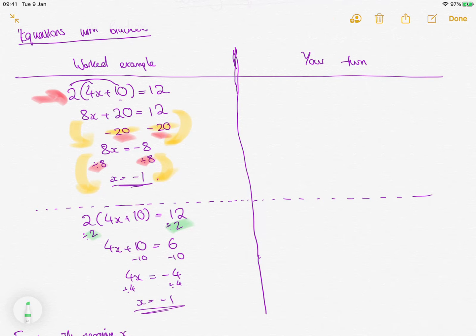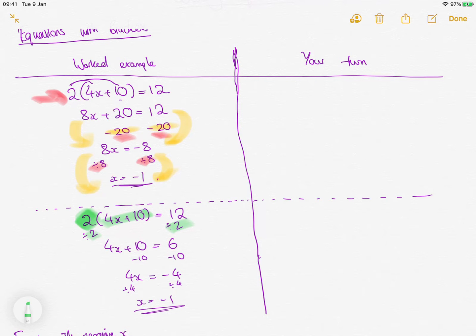Because this expanding brackets means that I'm doing 2 multiplied by this thing here. Well, if I divide both sides by 2, then that gets rid of this 2 here, and we divide the other side by 2 to get 6, and then we're just left with what would be in the brackets here because we've divided all of that side by 2.